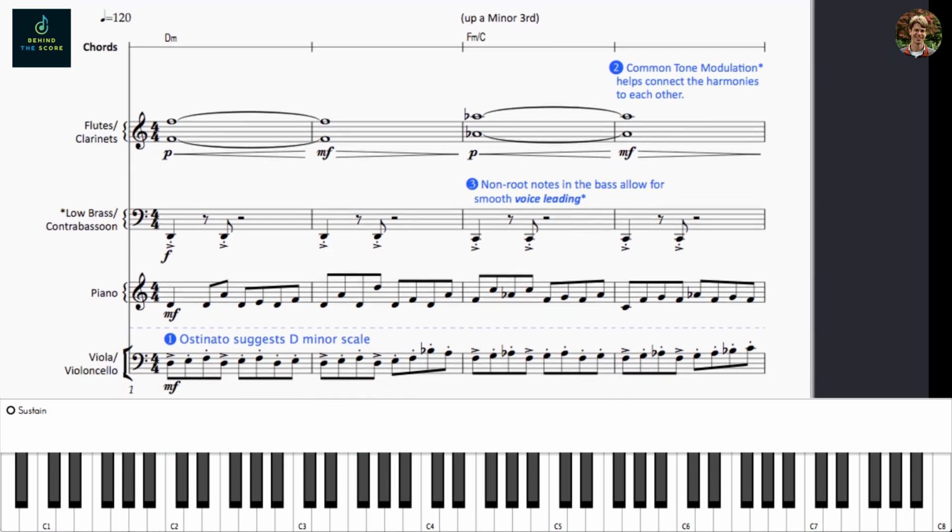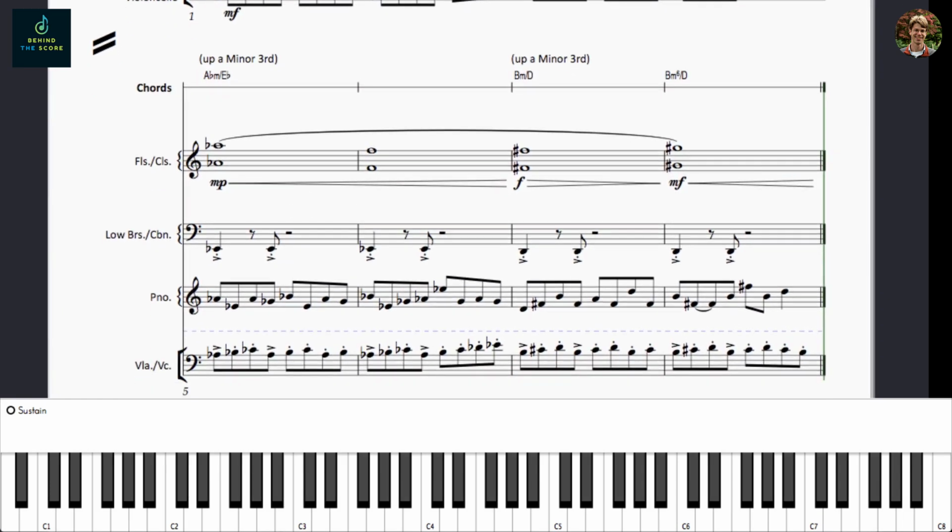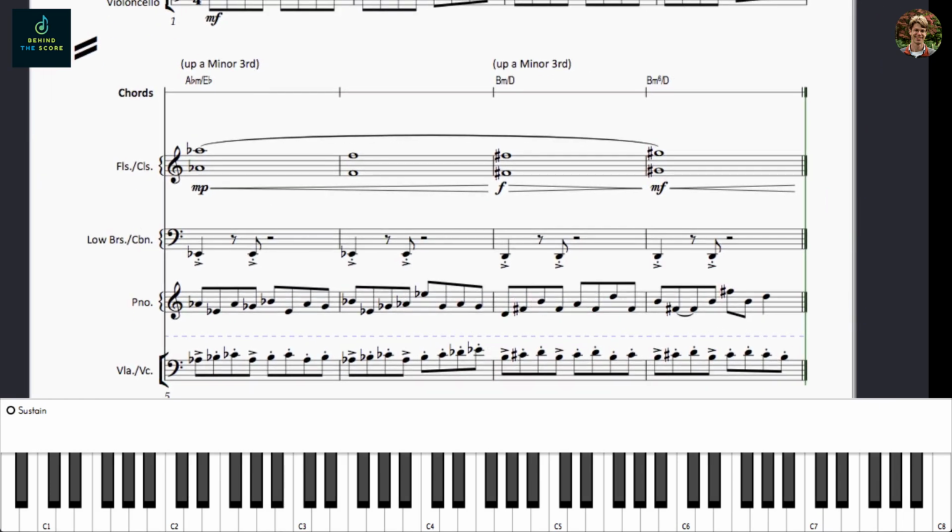So let's take a look at what happens in the next couple measures when we modulate to A flat minor. Our bass note right here is on E flat. So once again, it's playing the fifth of the harmony instead of the root of the chord. And then we have another interesting chord change right here.